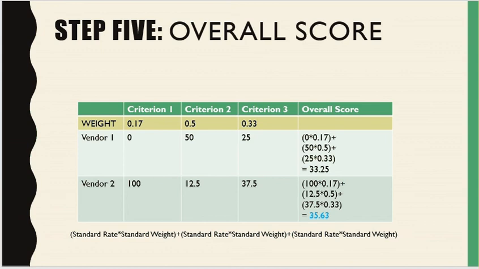For each criteria, you're going to be multiplying the standardized rating with its associated standardized weight, and then you're going to be adding the sum of those together, and that's going to give you your overall score. In this case, we see that vendor 2 has a higher overall score. So in this case, it would be our preferred vendor choice.